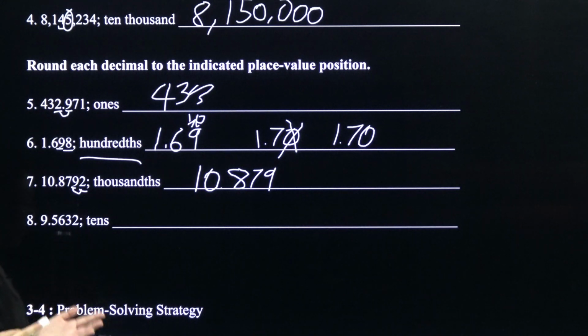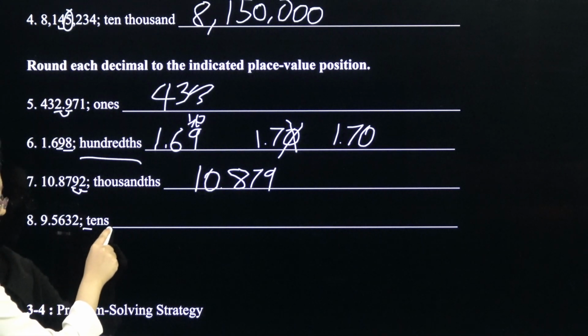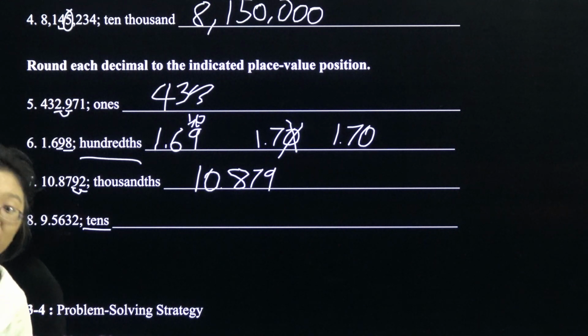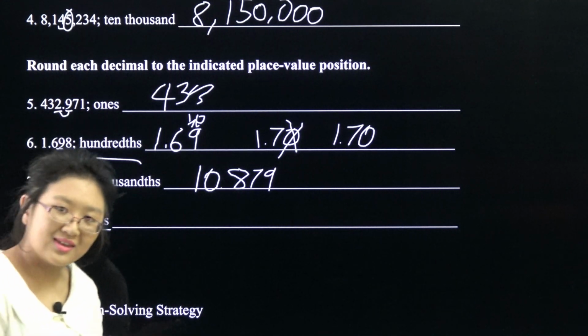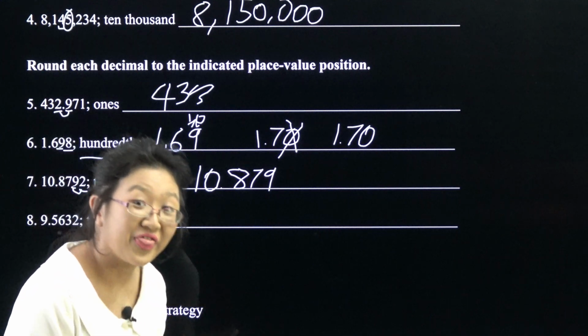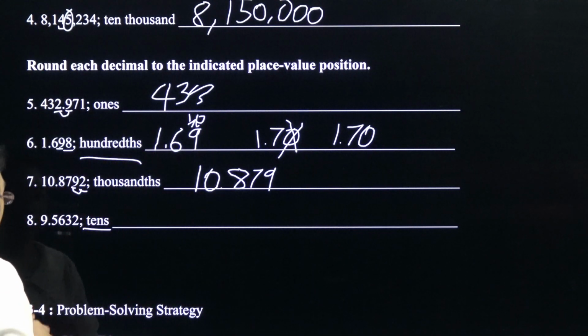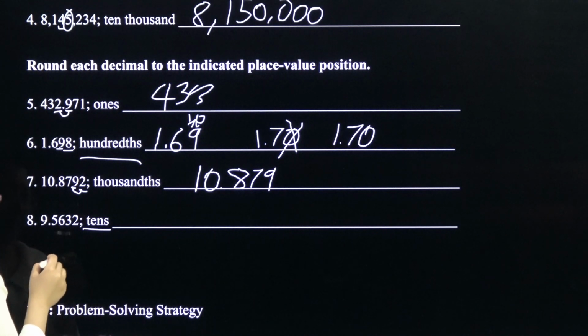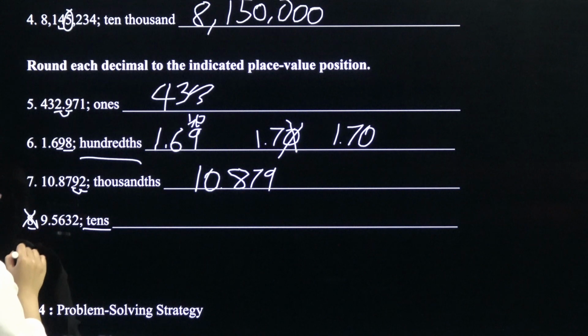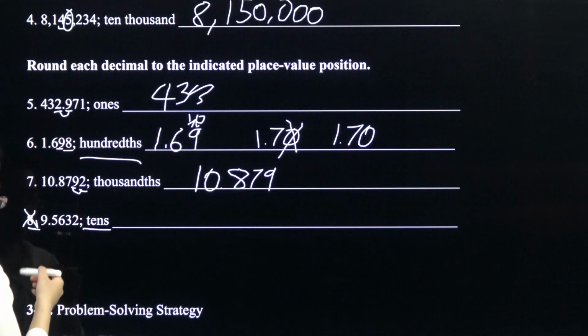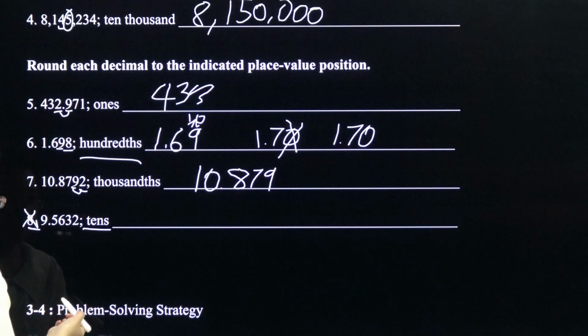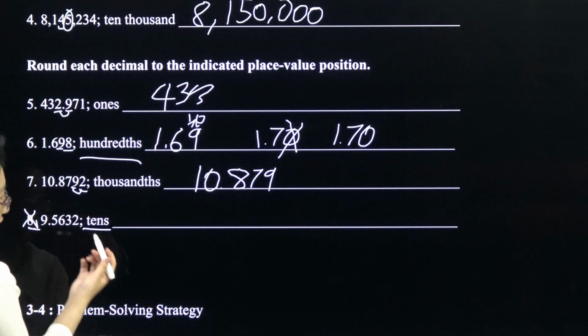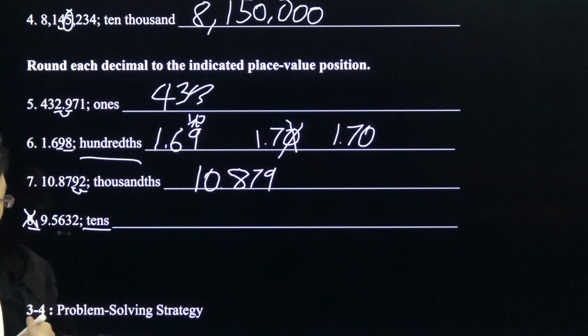And then we move on to the last question of the section, where we're rounding to the tens. The tens, not the tenths. Funny thing is, there's actually nothing in the tens, that's the question symbol, there's nothing in the tens, we just still treat it like normal.